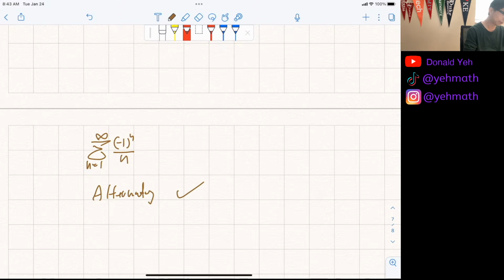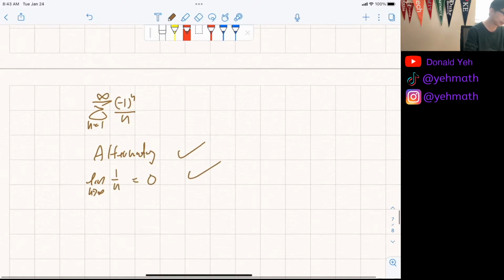Check, right? Is the limit as n approaches infinity of 1 over n 0? Check. 1 over n is always decreasing because 1 over n plus 1 is less than 1 over n. Check.